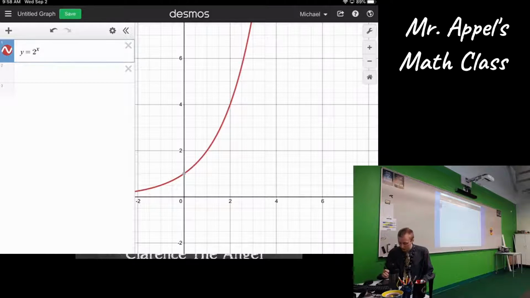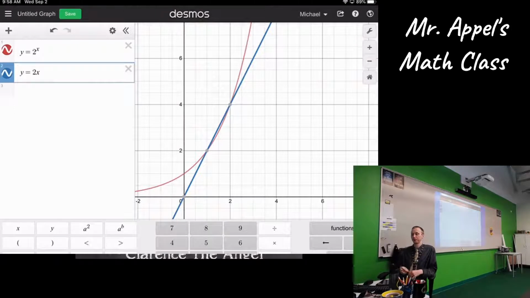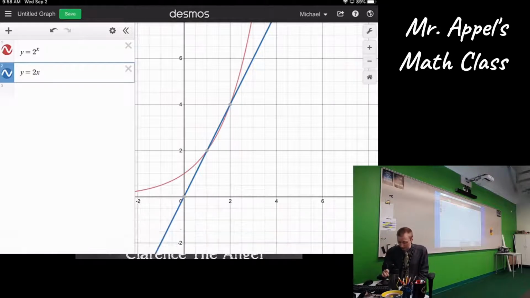We need, let's say, from (1, 2) to (2, 4). That's a rise of 2 over 1, so it's a slope of 2. There we go. Right? So use Desmos to help you create your graph, and then you can see these exact intersection points. And that ought to help you make those calculations a lot faster.